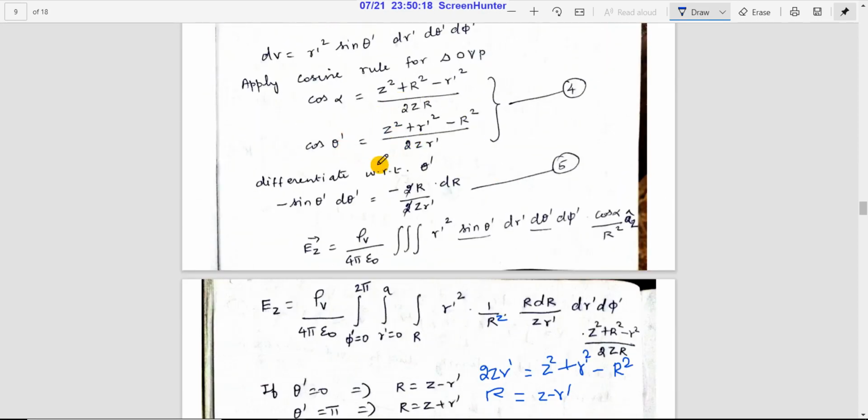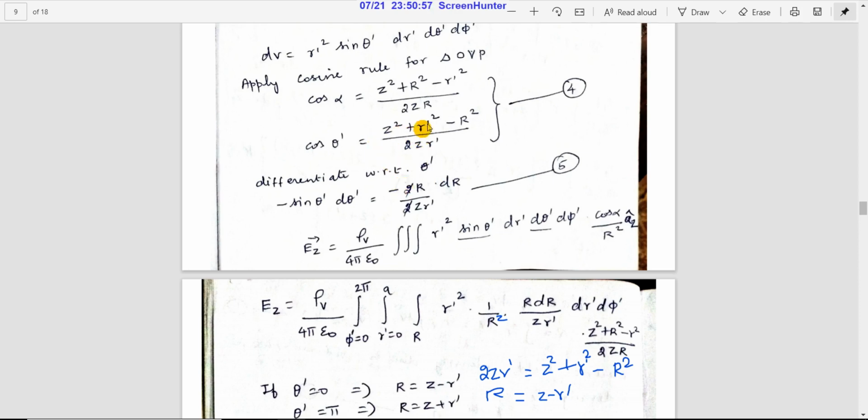So differentiating this particular theta dash equation, cos theta dash, if you are differentiating, is minus sin theta dash into d theta dash. So if you differentiate with respect to theta dash, here the z and r dash terms are going to be constants. Only this r term is going to vary whenever you are shrinking or expanding the particular volume charge density. So you can take r as the variable.